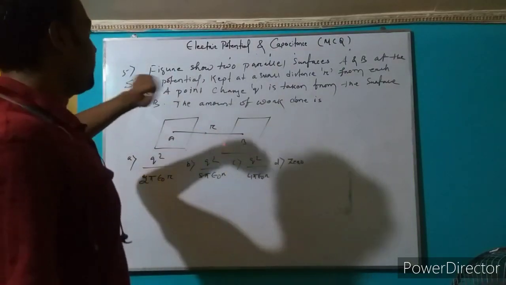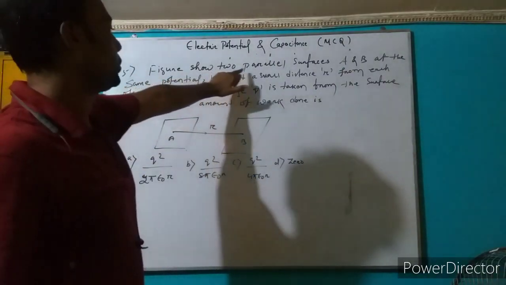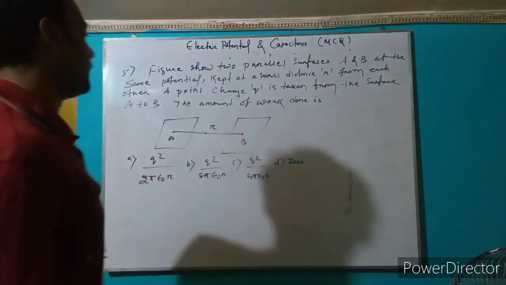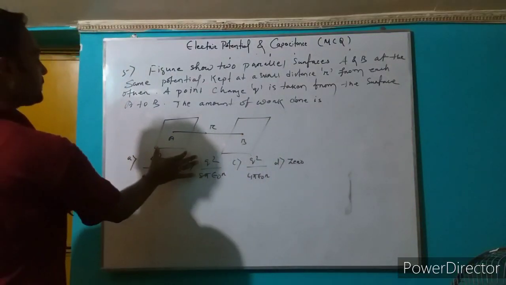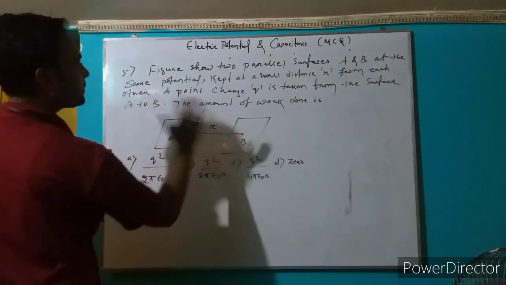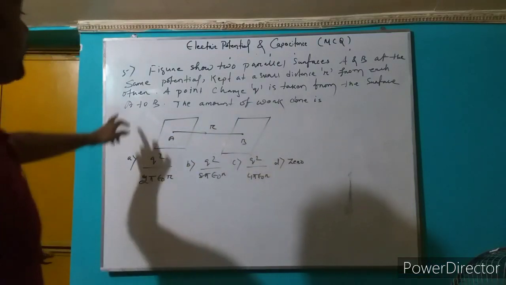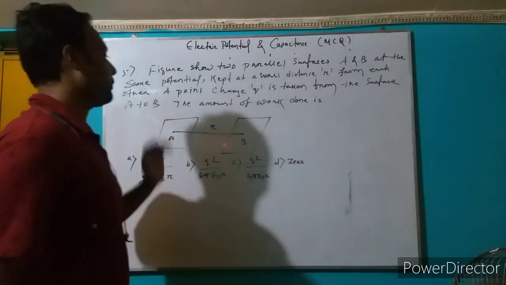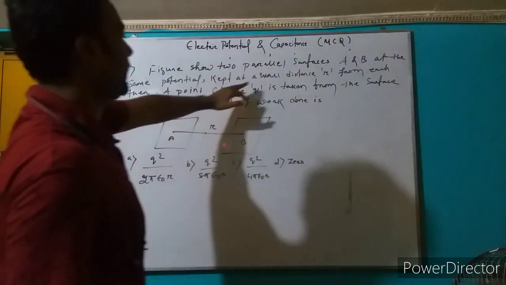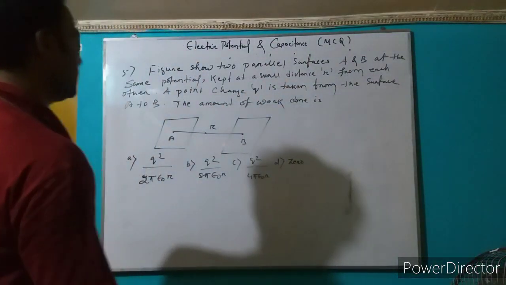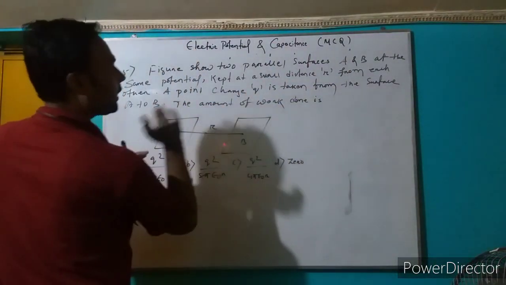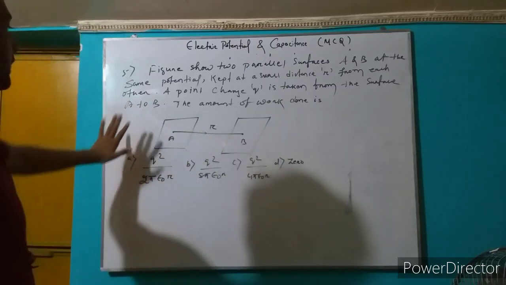The figure shows two parallel surfaces A and B. This one is the parallel surface A and this one is the parallel surface B, both at the same potential, kept at a small distance r from each other.